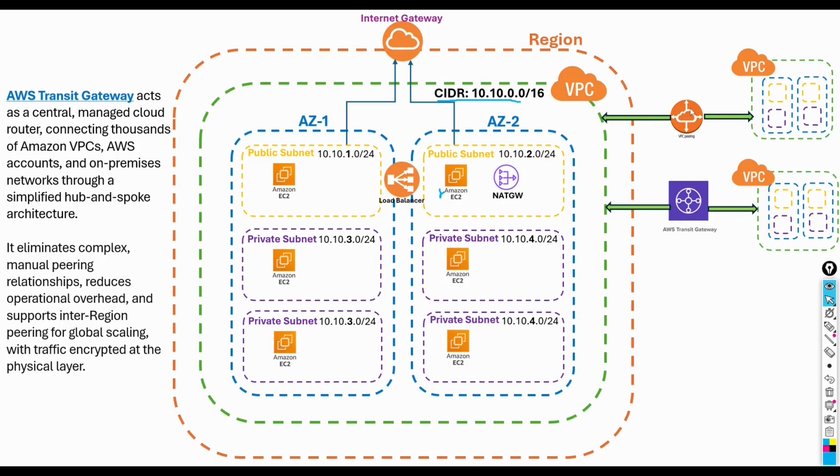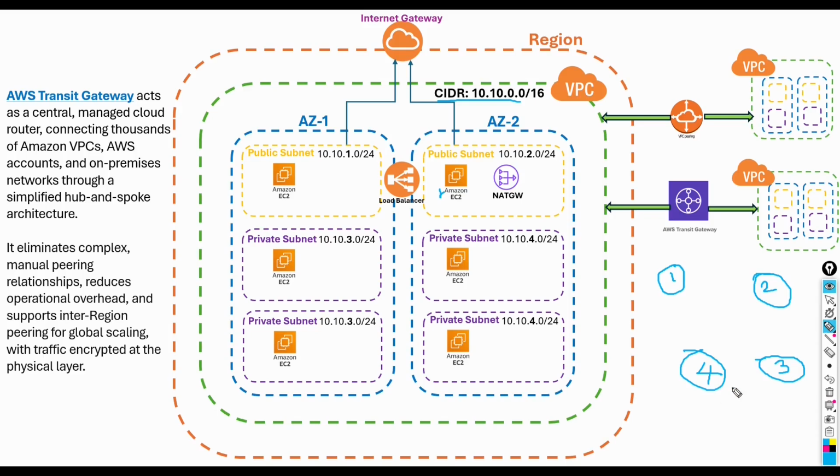Let me give you one example of why Amazon introduced the Transit Gateway. For example, if I have multiple VPCs, so this is VPC 1, this is VPC 2, this is VPC 3 and VPC 4.